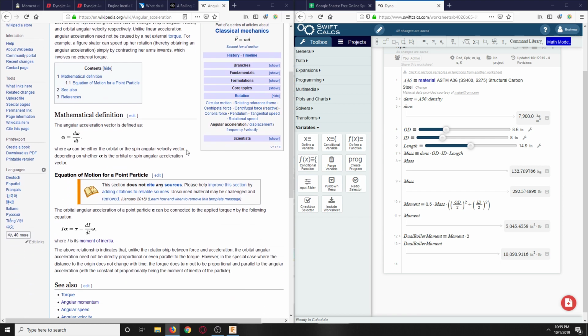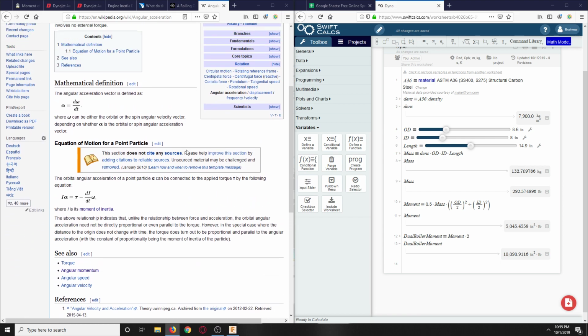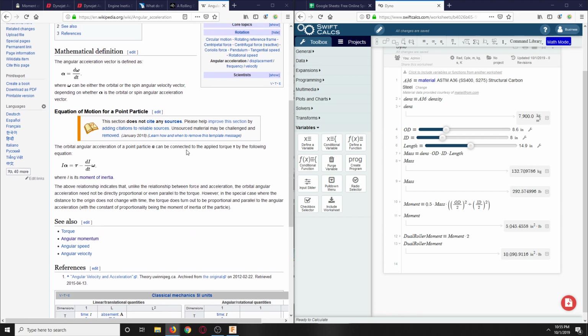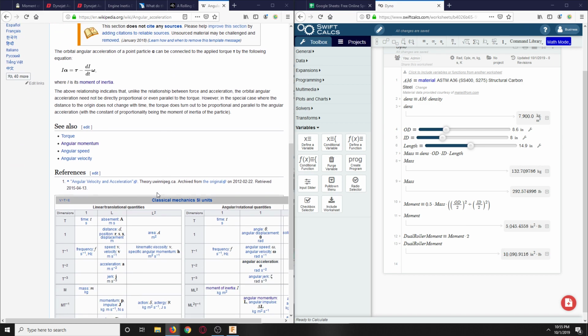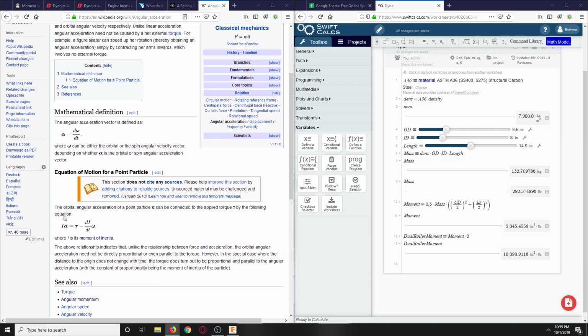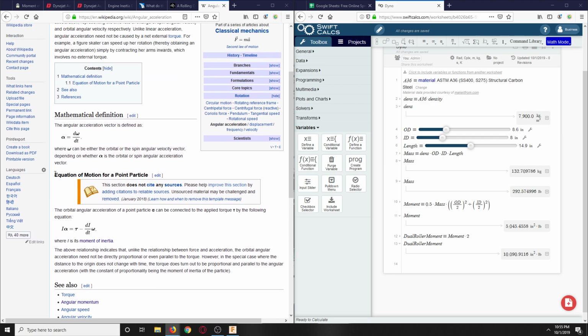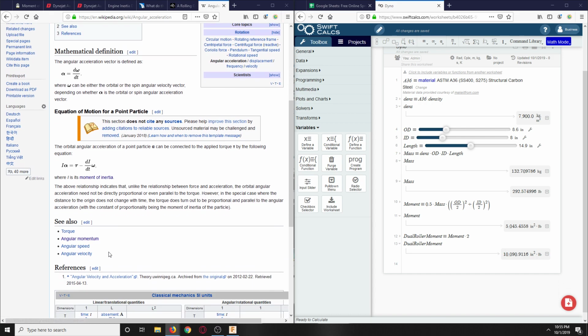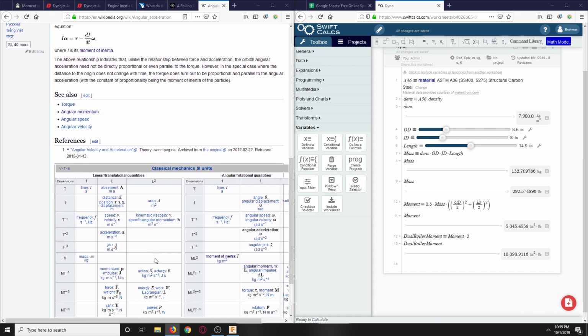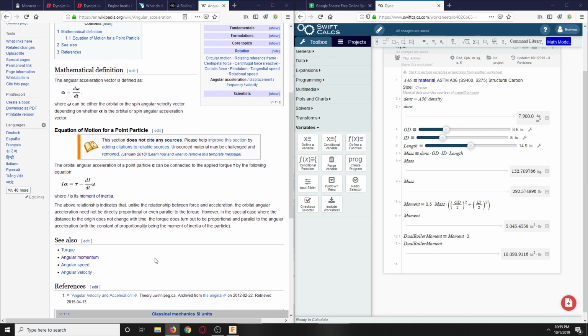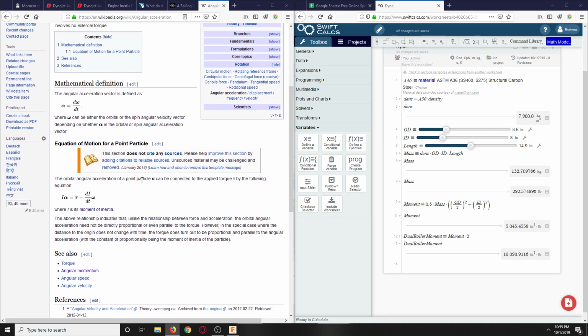So 360 degrees is equal to 2 pi, which is 6.28 and so on. Here you see the lowercase alpha sign, in rads per second. So that is the equation that we are going to use. Let's go ahead and look at that.